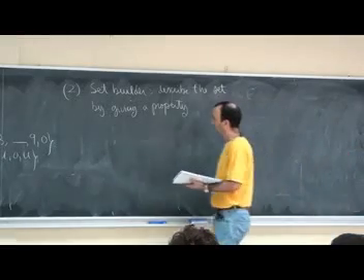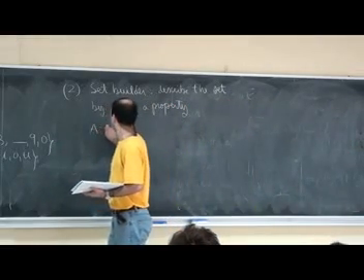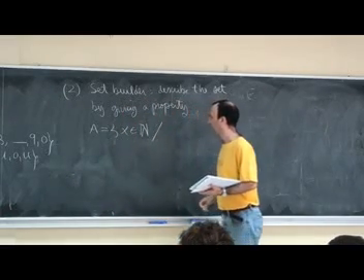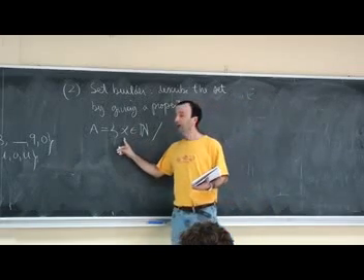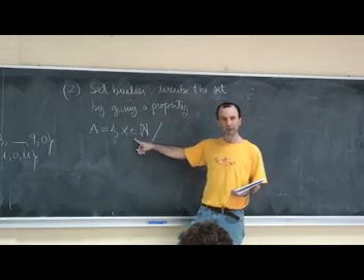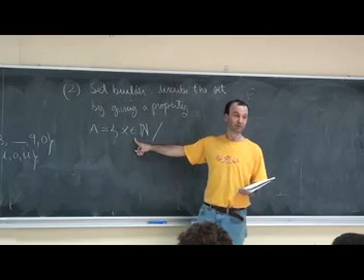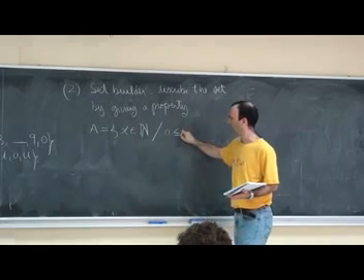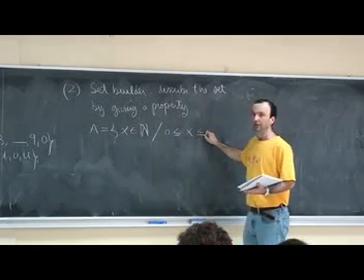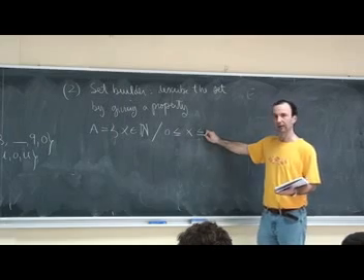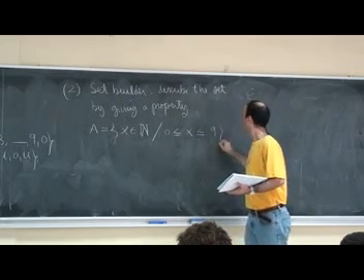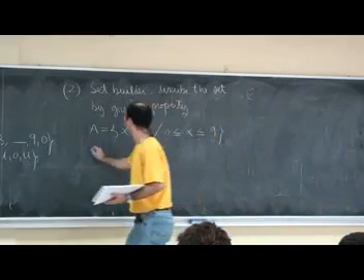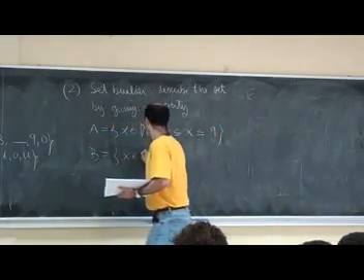Like, for example, this set here, I can describe it as those elements in capital N, the set of natural numbers, such that 0 is less or equal than x, x is less or equal than 9. That's another way. Another example here.